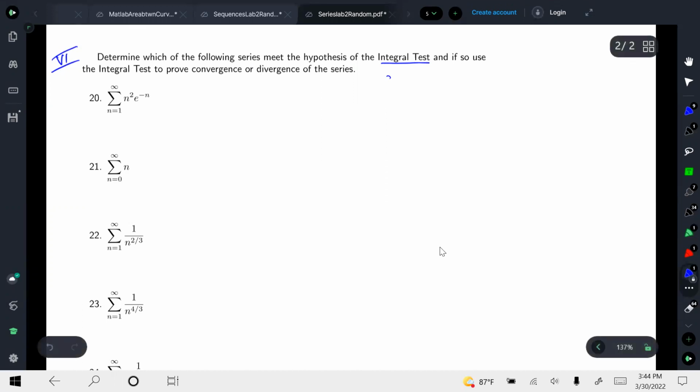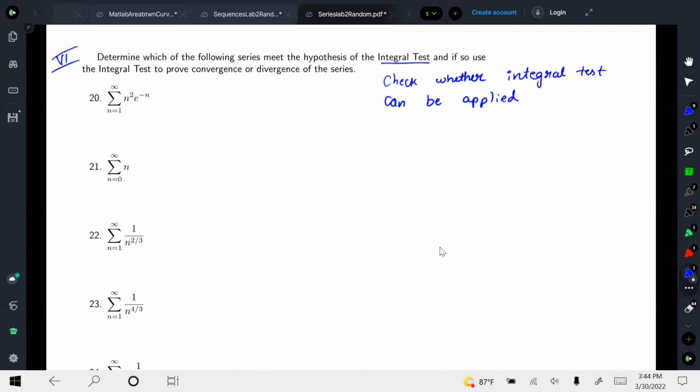Okay, check whether the integral test can be applied. Okay, that is type 6. If so, then you need to prove whether it is converging or diverging. Okay.